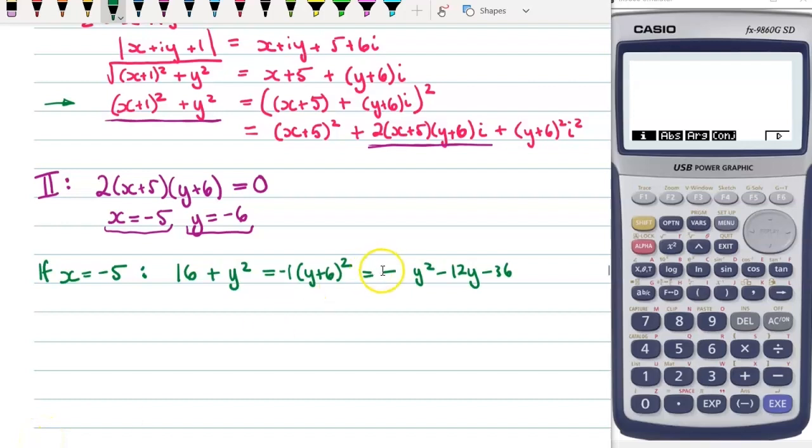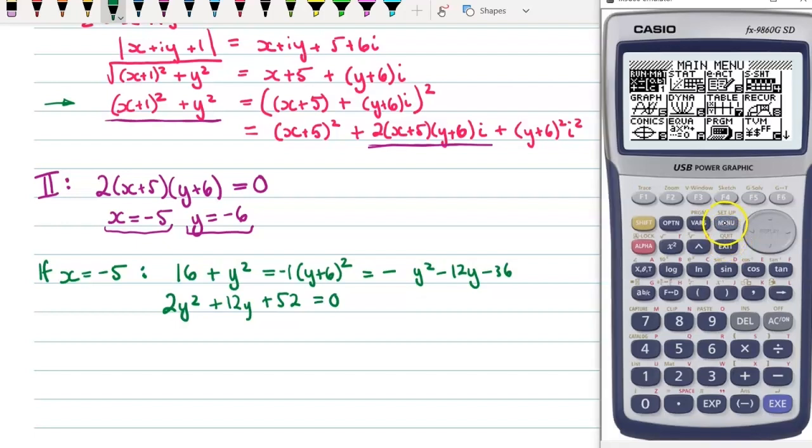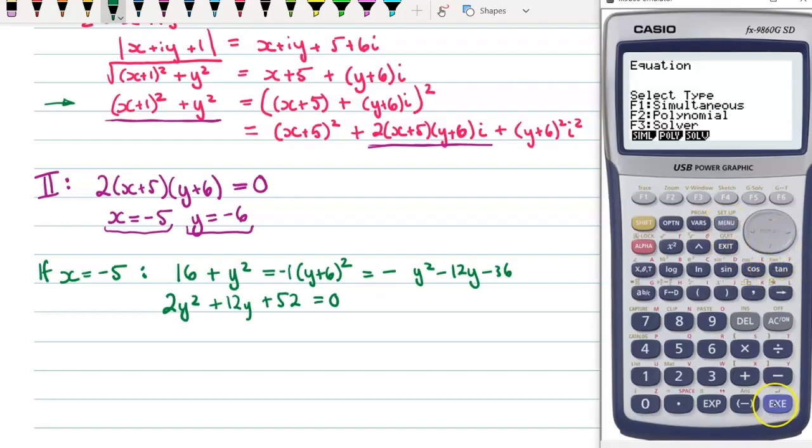And bringing all of this right-hand side over to the left, we would end up with 2y squared plus 12y, and we have 16 plus 36 is equal to 0.